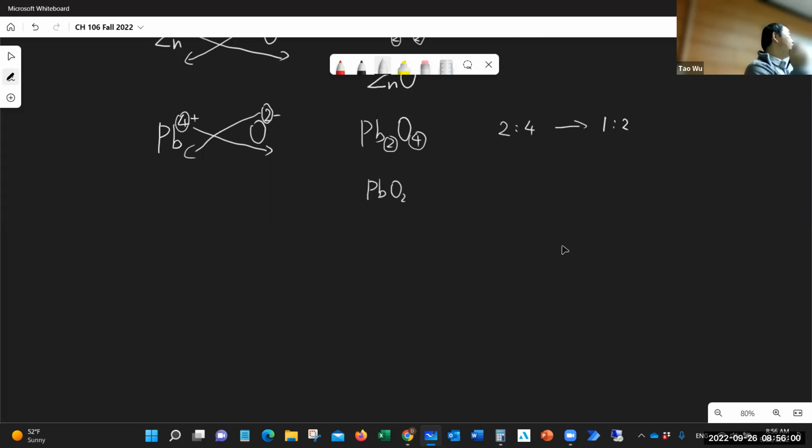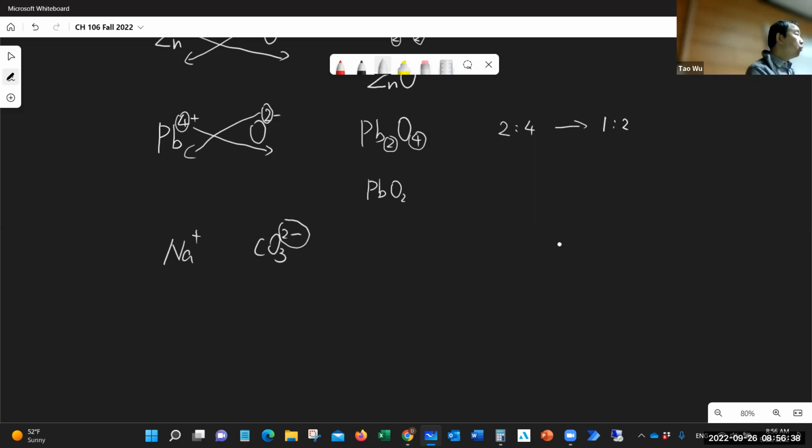If we combine a monoatomic ion with a polyatomic ion, then what are we gonna do with it? All right, so let's see. We have a sodium ion here and a carbonate ion like this. What we do generally is the same thing. The carbonate, CO3 2 minus, has a 2 negative charge, and sodium has a 1 positive charge.